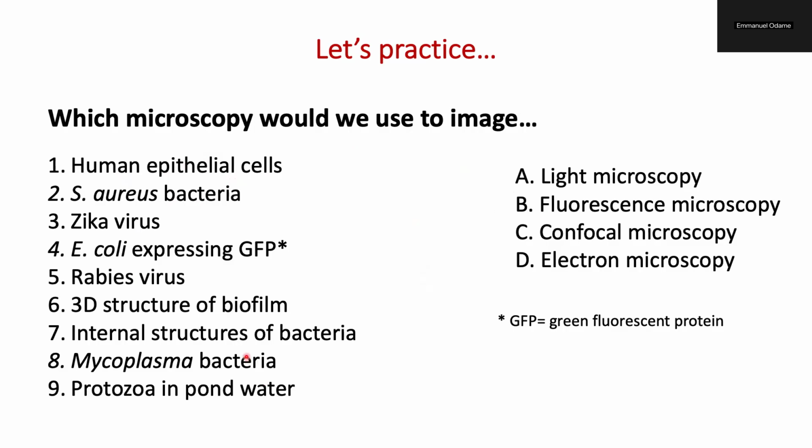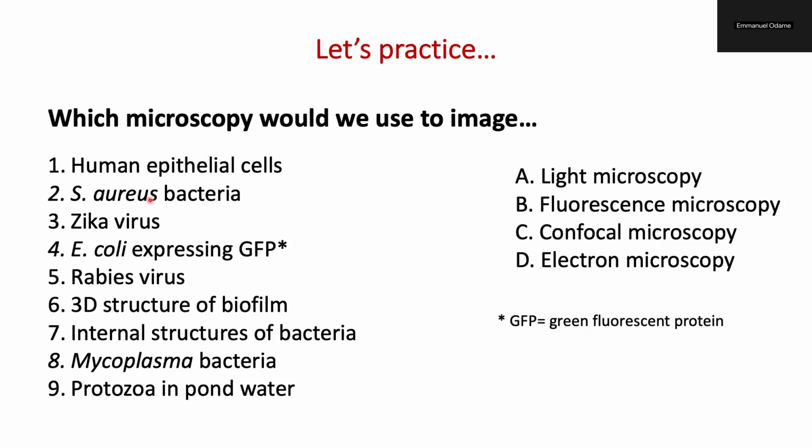So these are the questions and these are the answers. The answer is light microscope, because you don't really need more; you just need to tell the cell from the background. So you just need a light microscope.